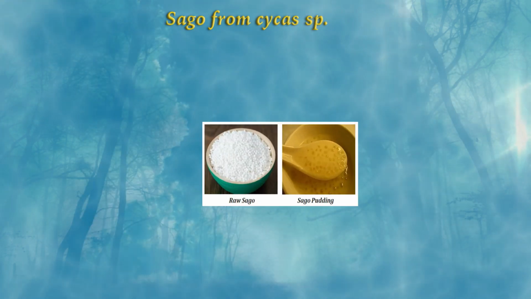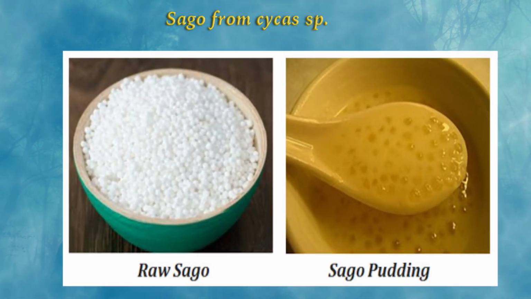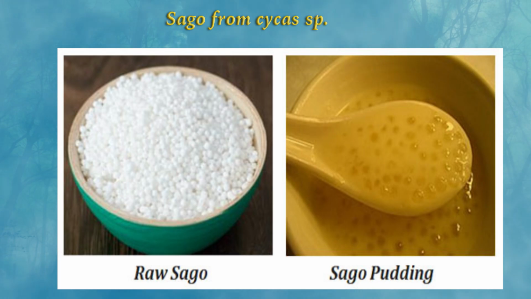I think most of us have eaten sago, called sabudana, which is extracted from Cycas revoluta. We make pudding and many things from this sago.